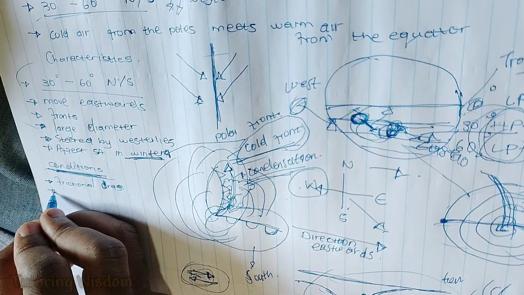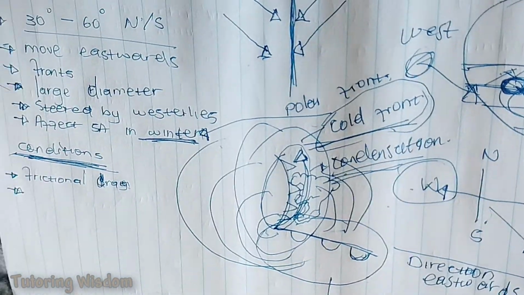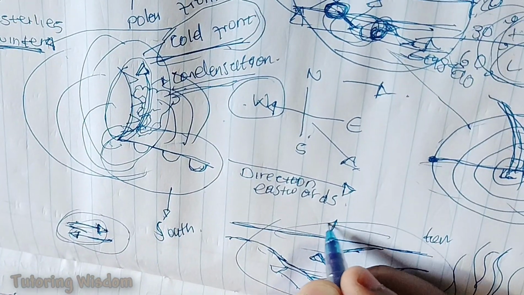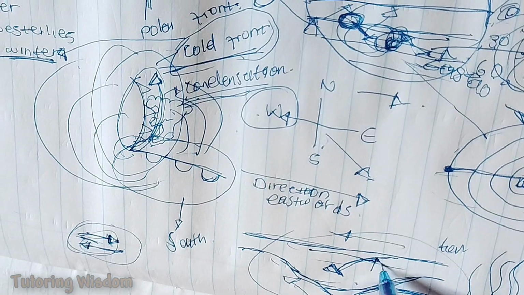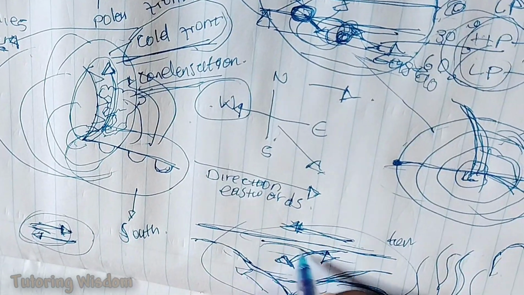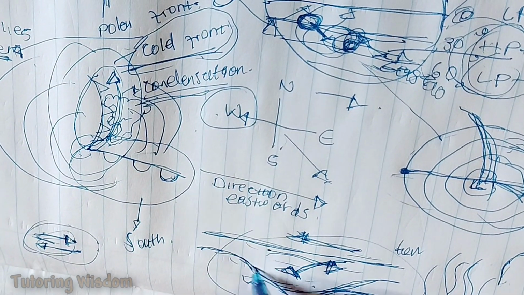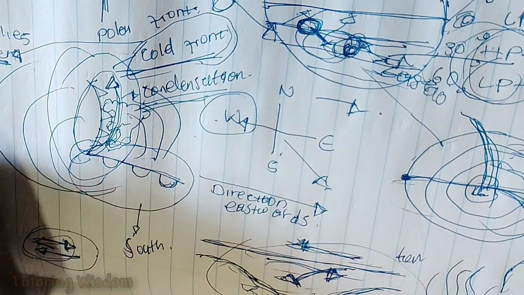Now your next condition is that your air masses must move parallel to each other. I've already explained why. This difference in temperature and the parallel movement of these air masses will cause a wave along that front.